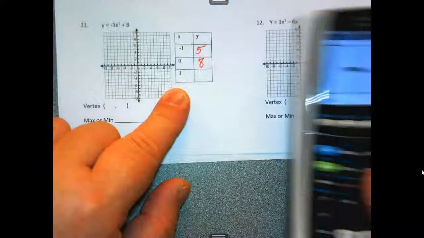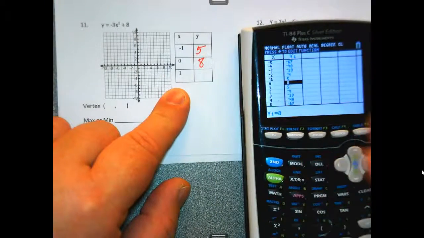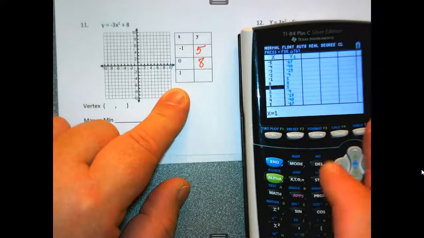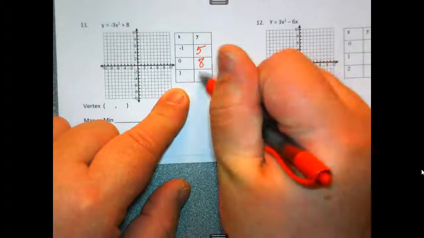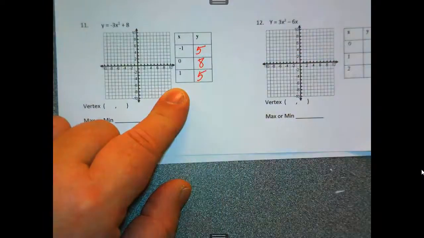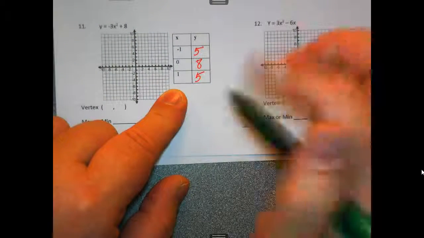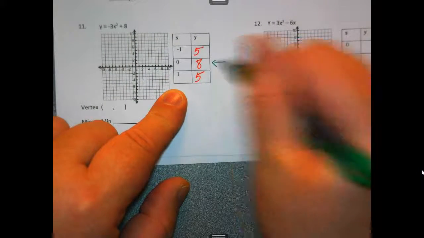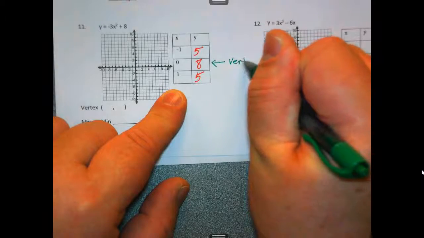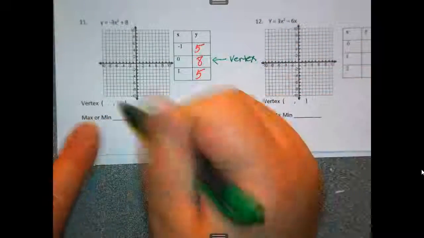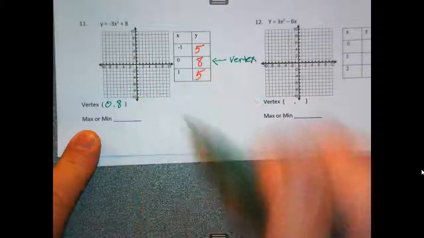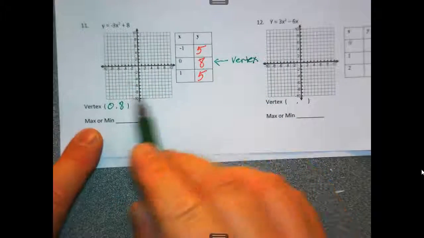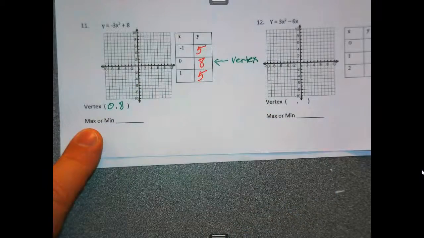And when my x is 1, my y is 5. So this is going to be my vertex, 0, 8. Since it opens downward, we're going to have a max.